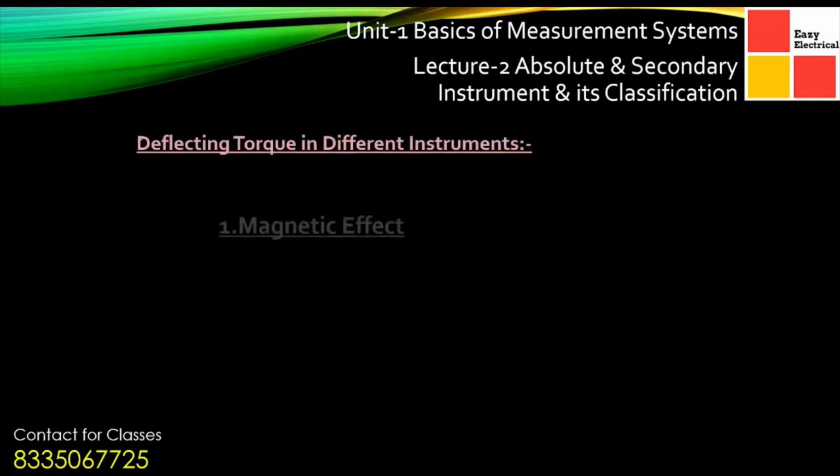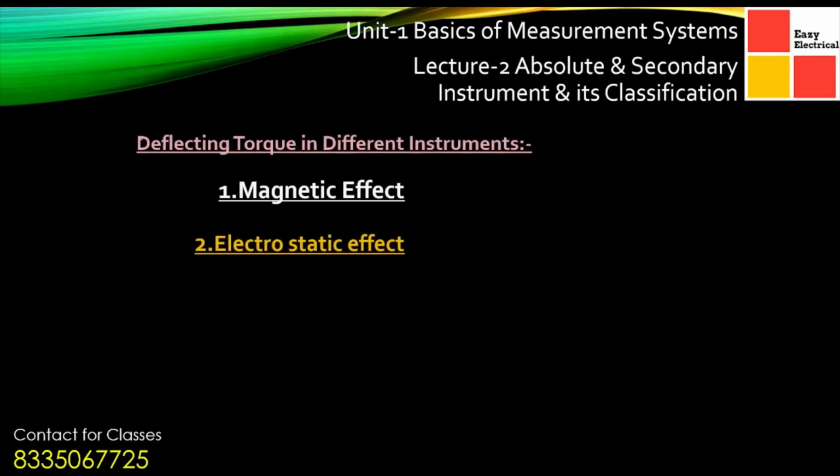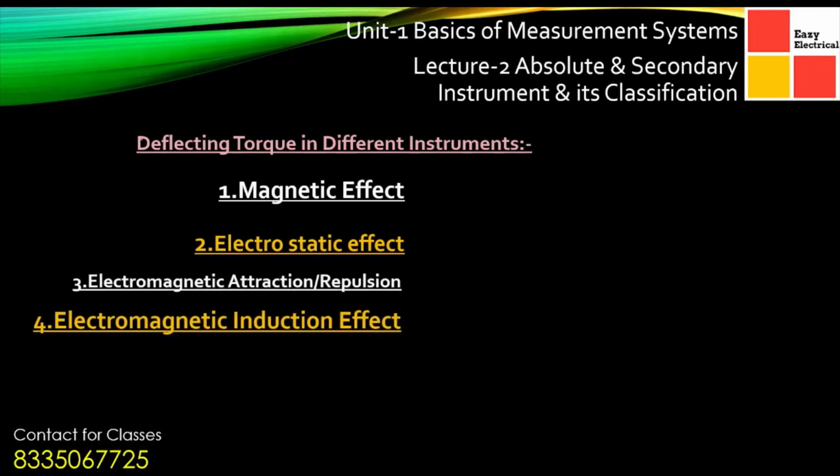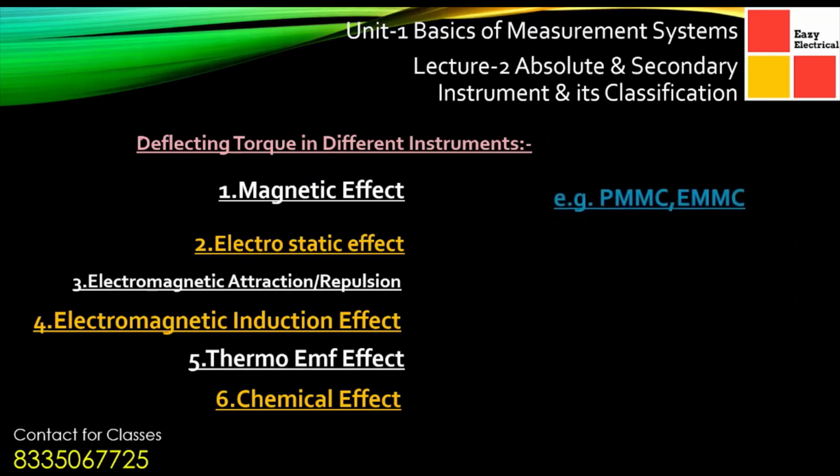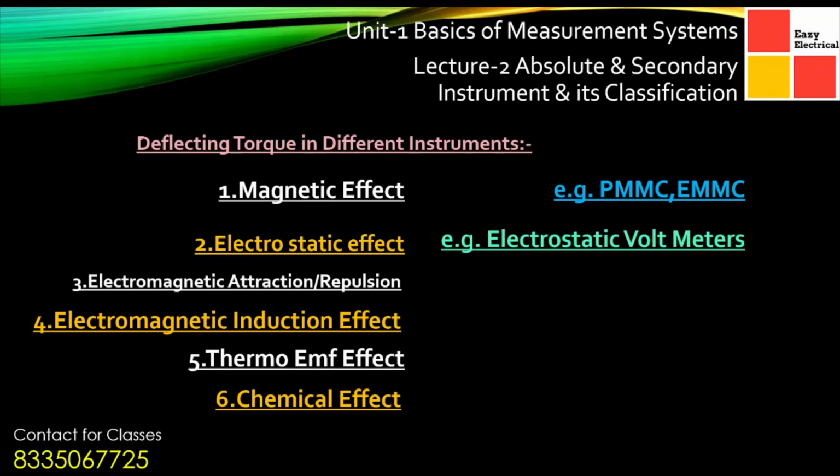Now coming to the different deflecting torques produced in instruments. The reasons are the magnetic effect, electrostatic effect, electromagnetic attraction and repulsion effect, electromagnetic induction effect, thermo EMF effect, and chemical effect. The magnetic effect is shown in PMMC and EMMC instruments. The electrostatic effect is seen in electrostatic voltmeters.